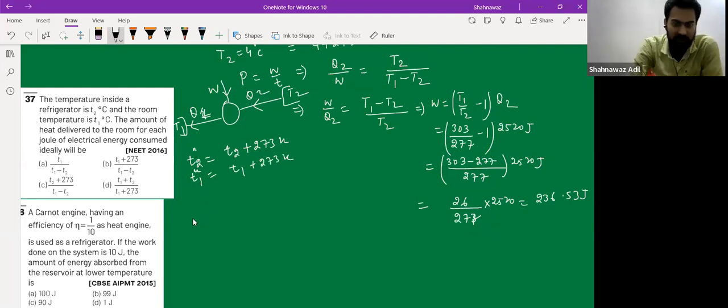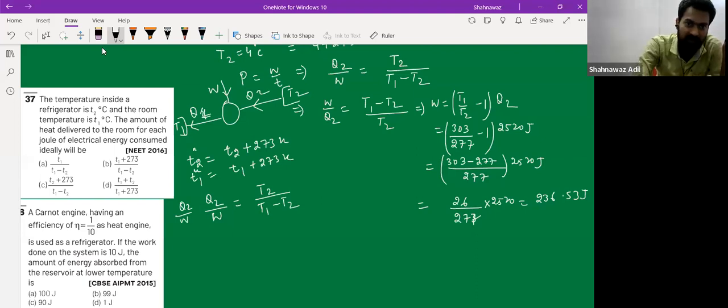So we know that Q2 by W, and W is 1 joule here, is T2 by T1 minus T2. Right, guys? We know that Q2 by W is this. Am I correct?